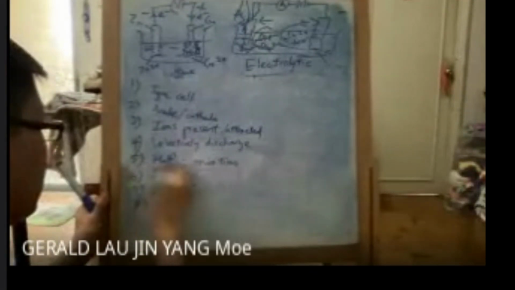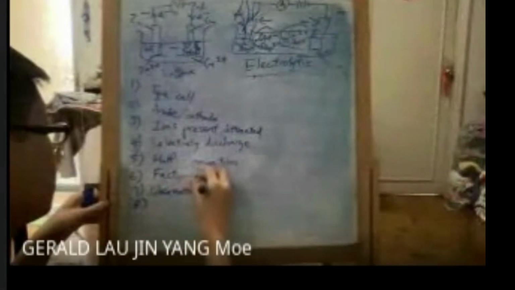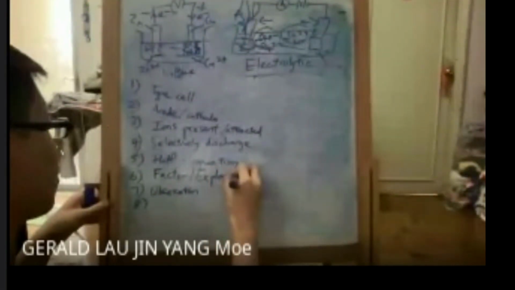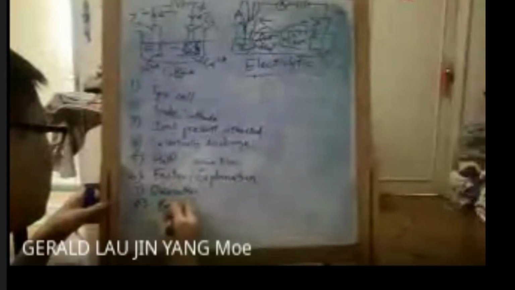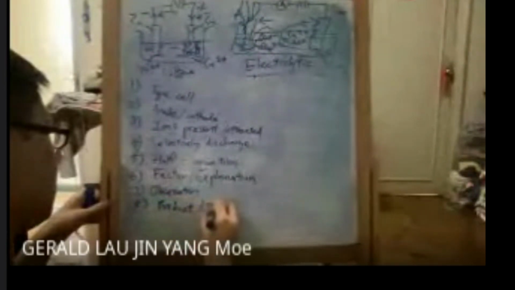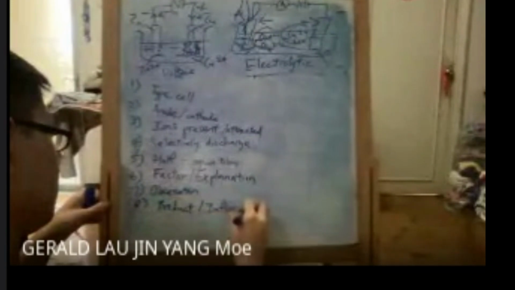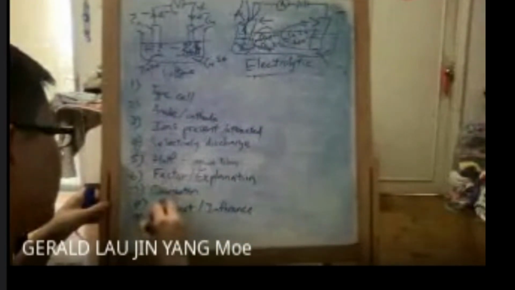Actually, sorry, six is more the factors first, or explanation: why did you choose hydroxide? After that observation, then product or inference. Nine will be to verify or test.